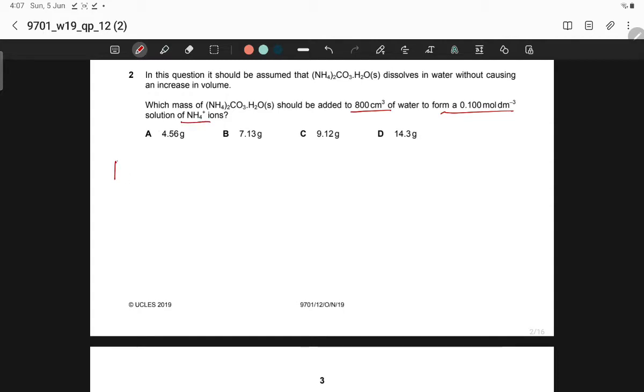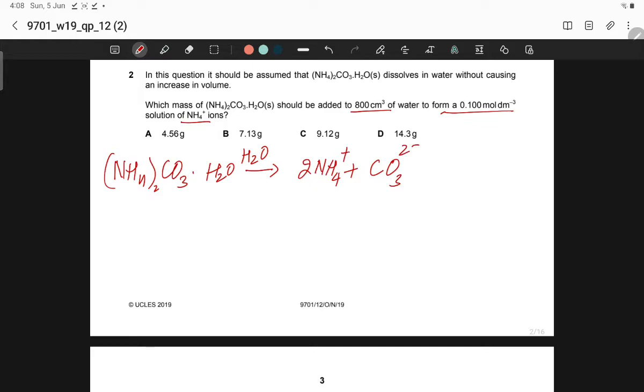So, ammonium carbonate, (NH4)2CO3·H2O, when dissolved in water, gives 2 ammonium ions plus CO3 2- ion.